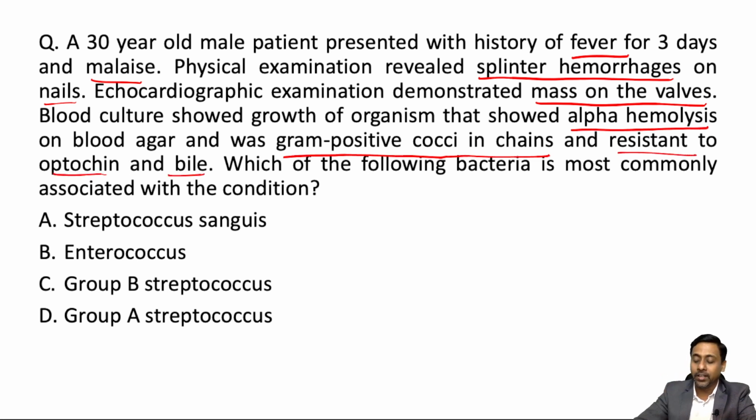So where is this information actually drawing us, we will see one by one. This fever, splinter hemorrhage, mass on the valve, these three features, and then a positive blood culture, what does it indicate?